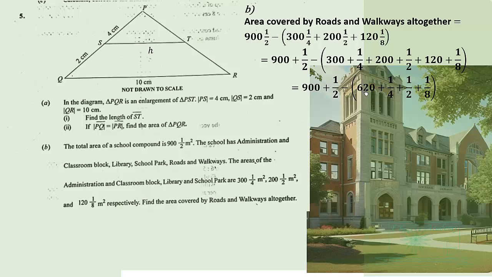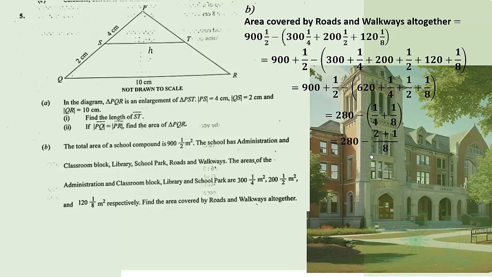You can subtract the 620 from the 900 and know that half minus half will give you 0. So the half is gone. 900 minus 620 will give us 280. We are left with this small fraction to deal with. That is why I call it a smart way, because you don't have to crack your head with huge numbers.